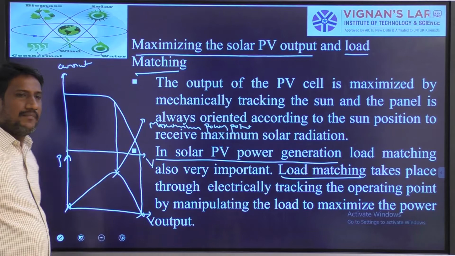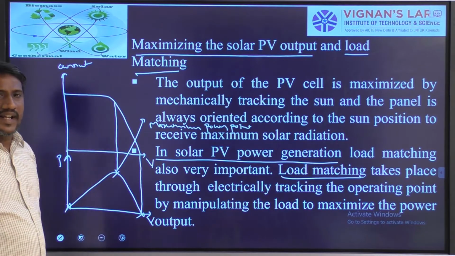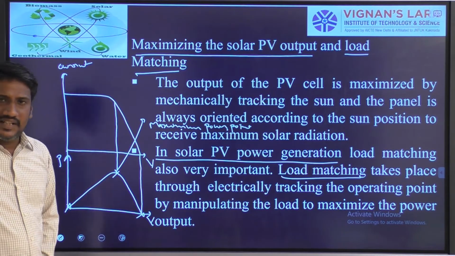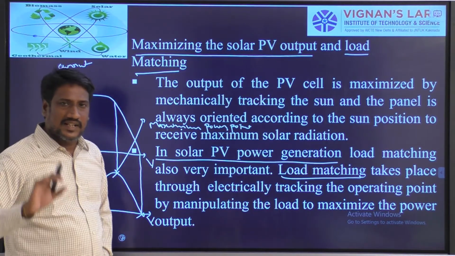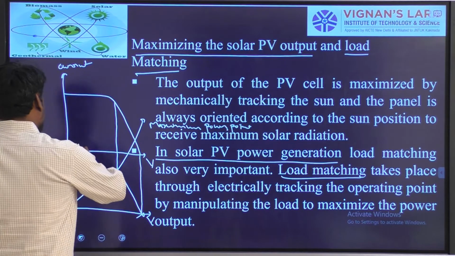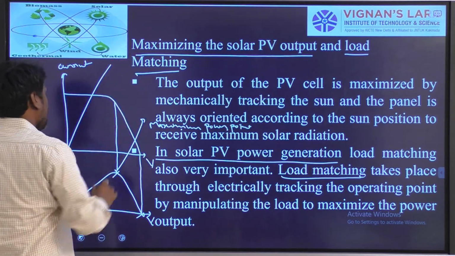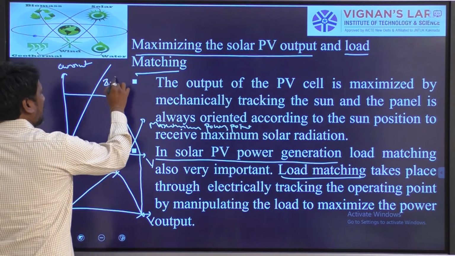Let us say I am also representing the IV characteristics of the load in the same figure. Let us say the characteristics will be like this. These are the IV characteristics of the load.